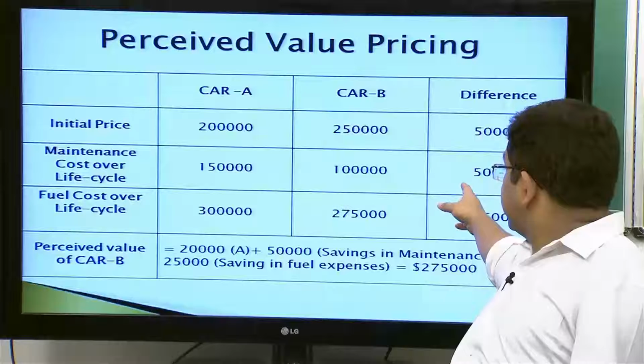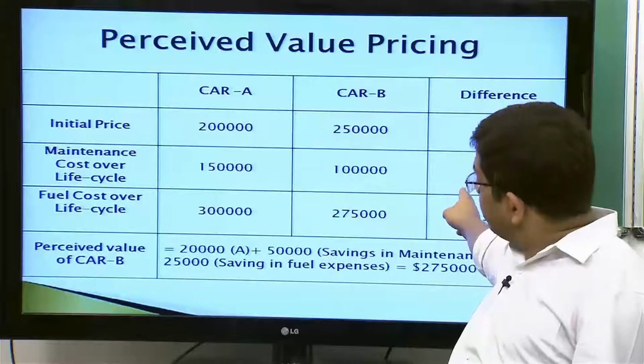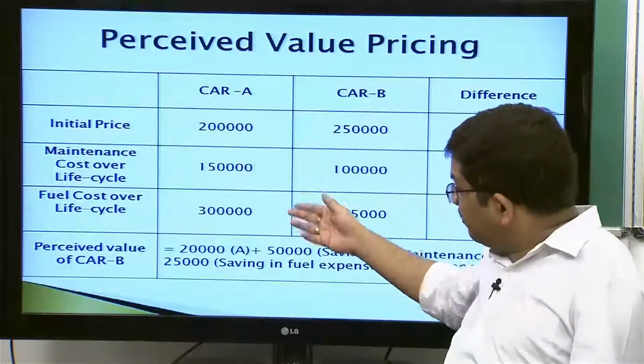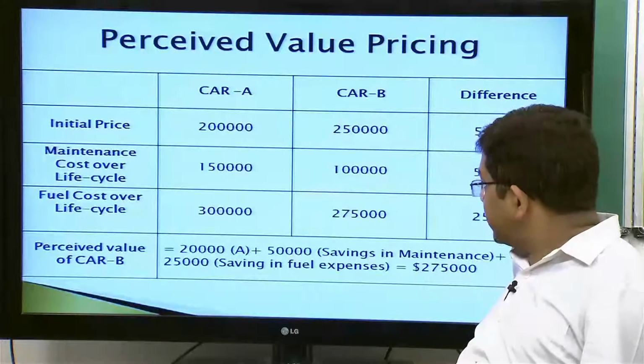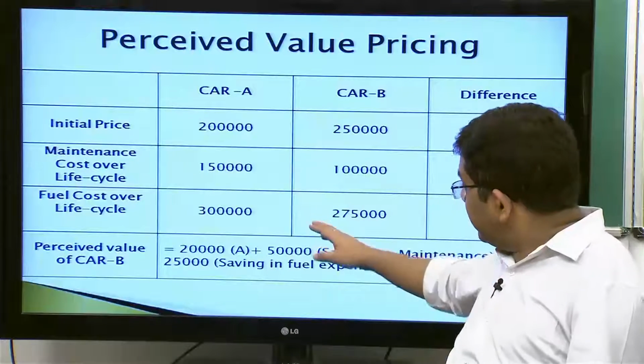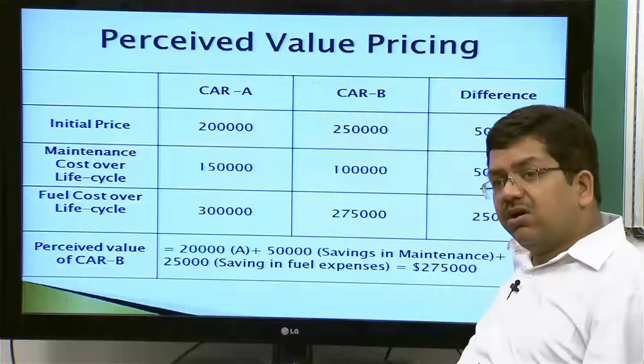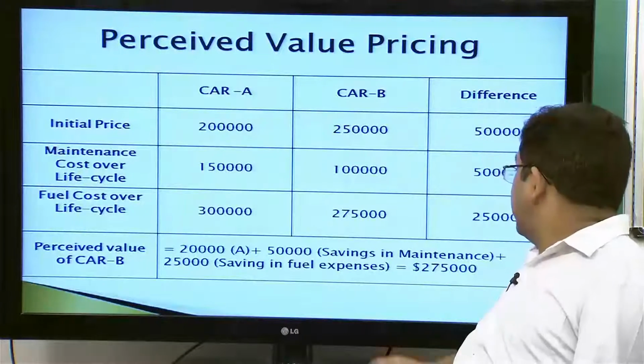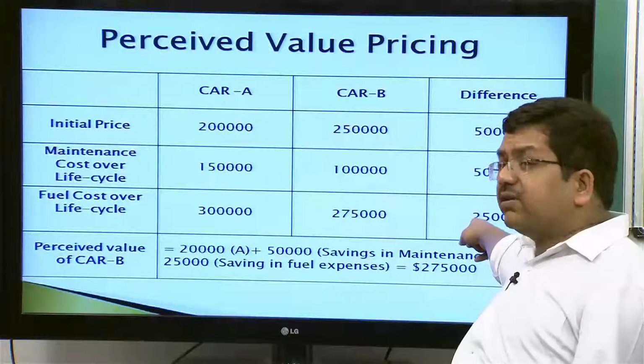So in the next 10 years the car will save 50,000 rupees for you. If we talk about the fuel cost over the life cycle for another 10 years, compared to 3 lakhs it costs you 2,75,000. So it again saves you 25,000.